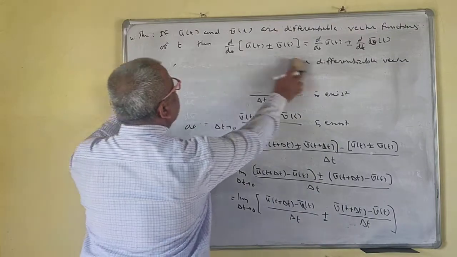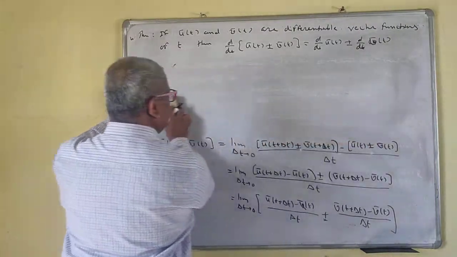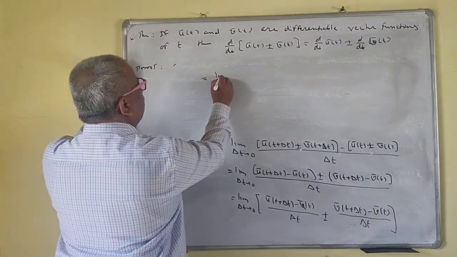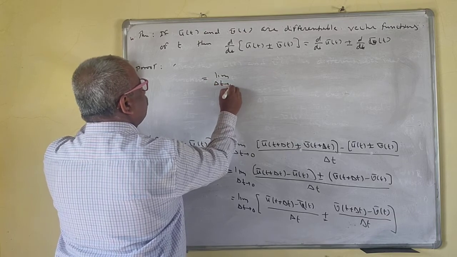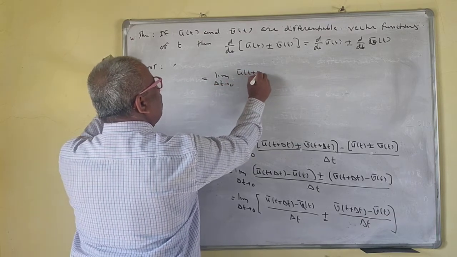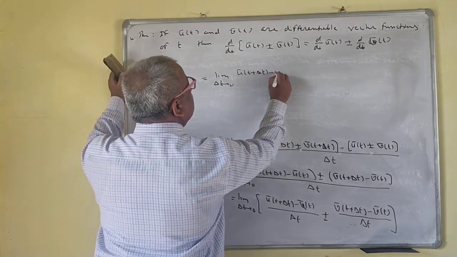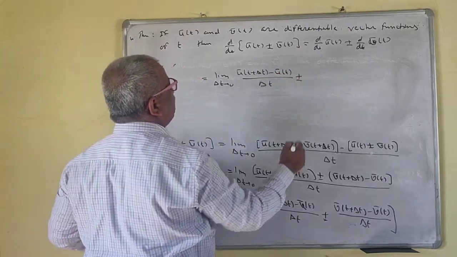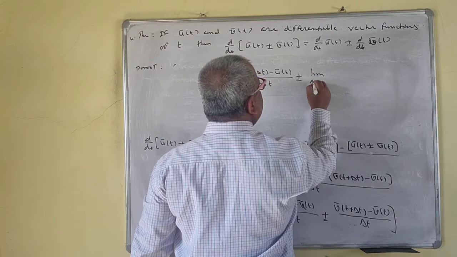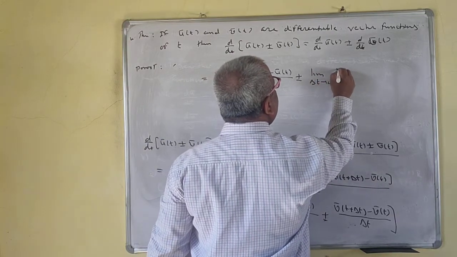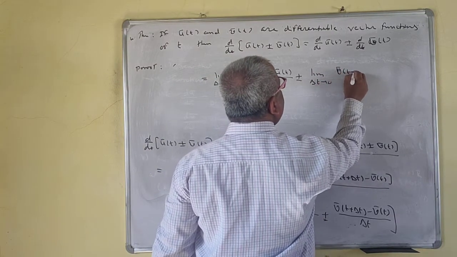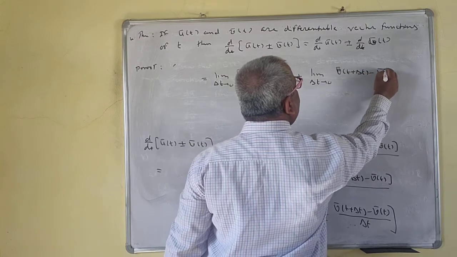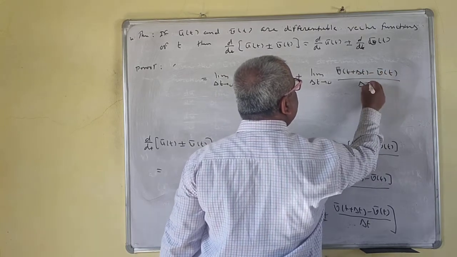Okay, so I can separate the limit. So limit delta t tends to 0, u bar of t plus delta t minus u bar of t upon delta t, plus or minus limit delta t tends to 0, v bar of t plus delta t minus v bar of t upon delta t.